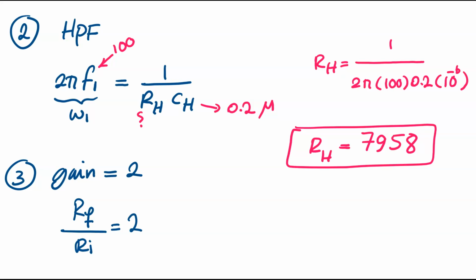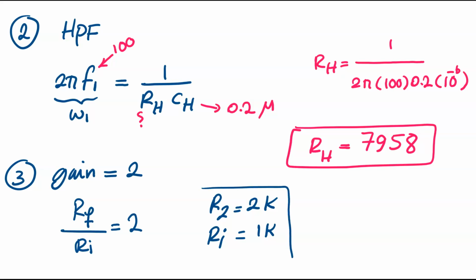So let's assume that I'm choosing my RF to be 2K and my RI to be 1K. As long as the ratio satisfies my equation, that's correct. So based on the values that are available, for example, in a lab, I can choose a set of resistors to satisfy the gain equation.